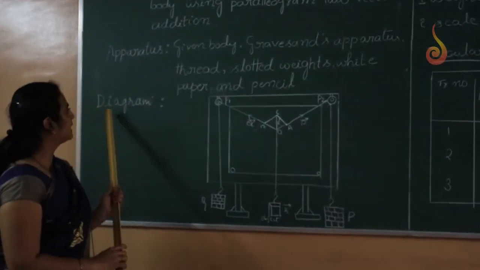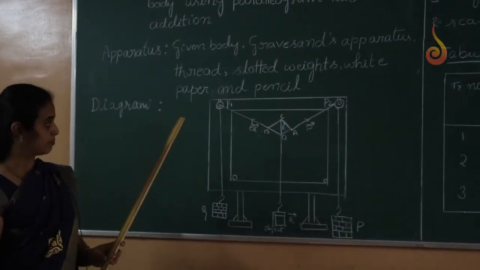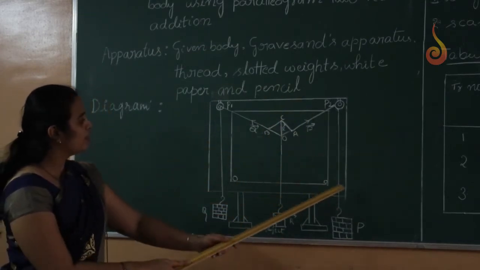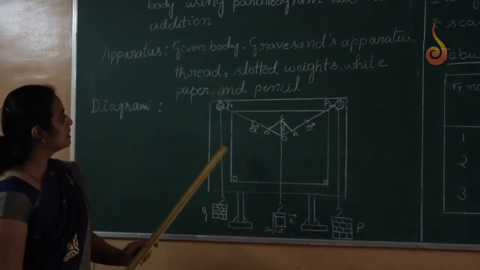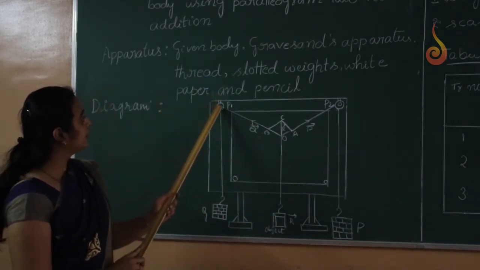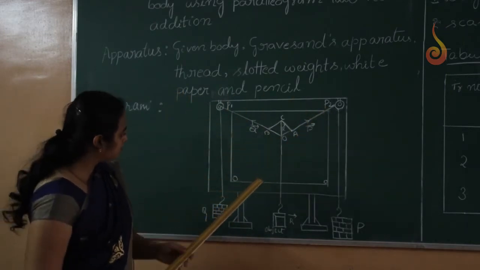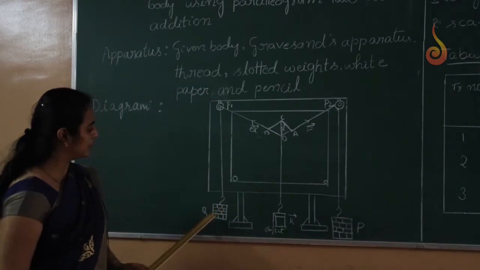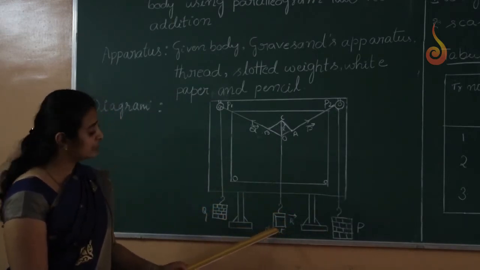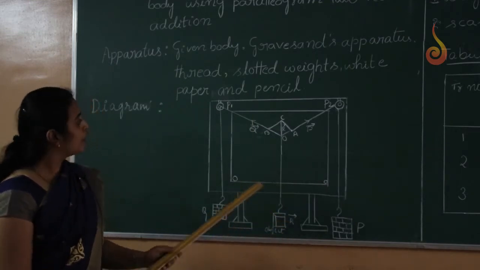Let us move on to the diagram part, and this is the experimental setup, which consists of Gravesand's apparatus, this wooden board, and the stands, those are called Gravesand's apparatus. And here P1, P2, these are two pulleys, and P and Q are the known weights, and here is the R, that means the object whose weight needs to be measured.